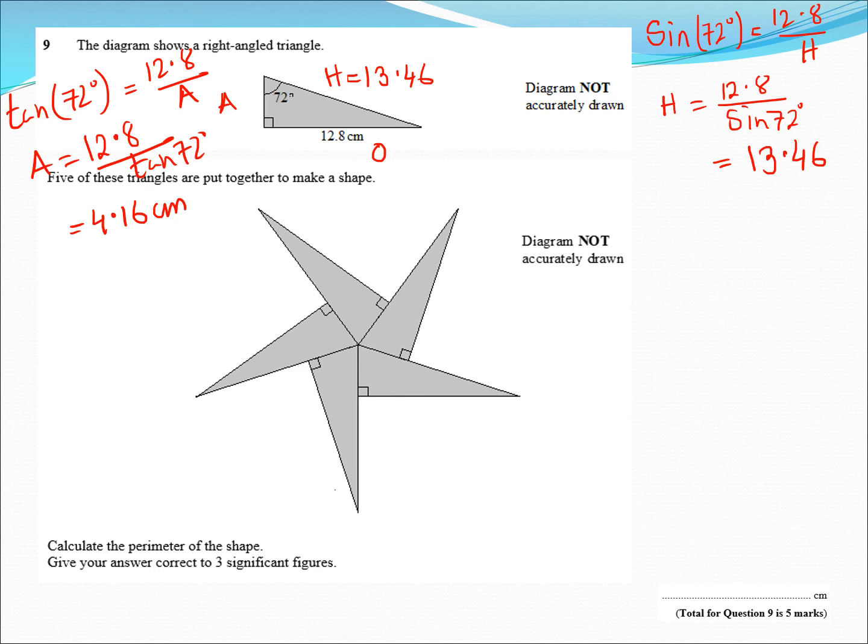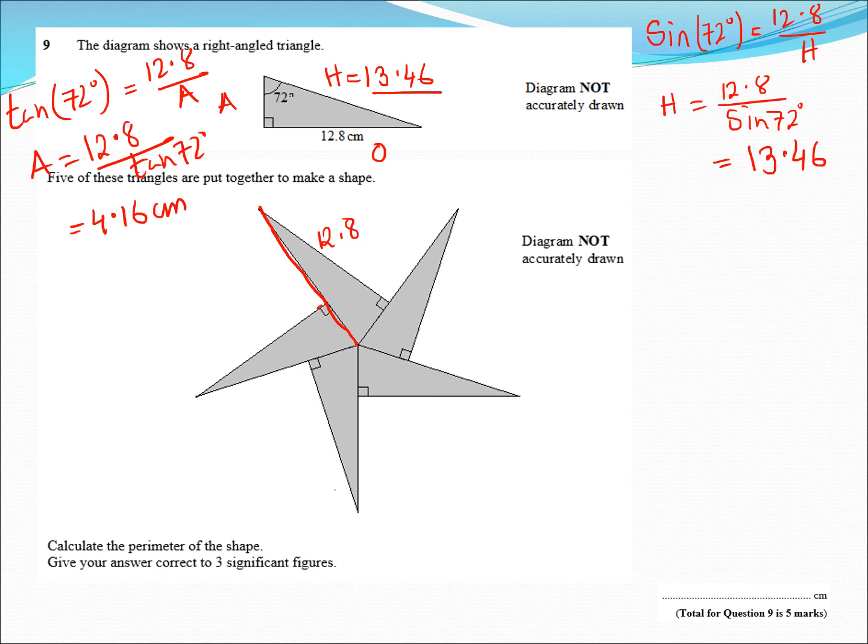So now I know the 3 sides of this triangle, right? I know that the opposite side is 12.8 centimeters, I've got it here. I know the whole length of this line is 13.46, but I don't need the whole length.